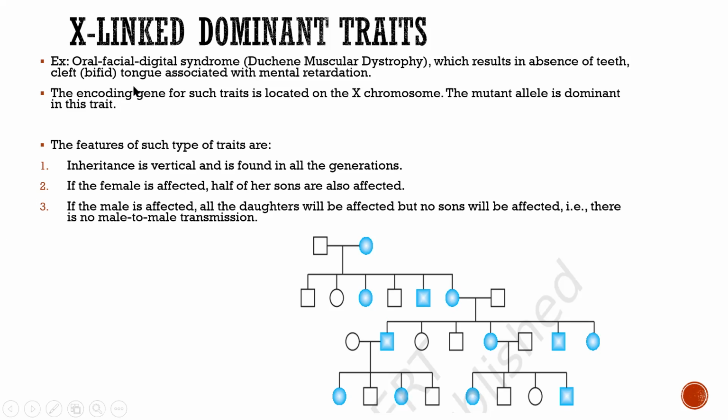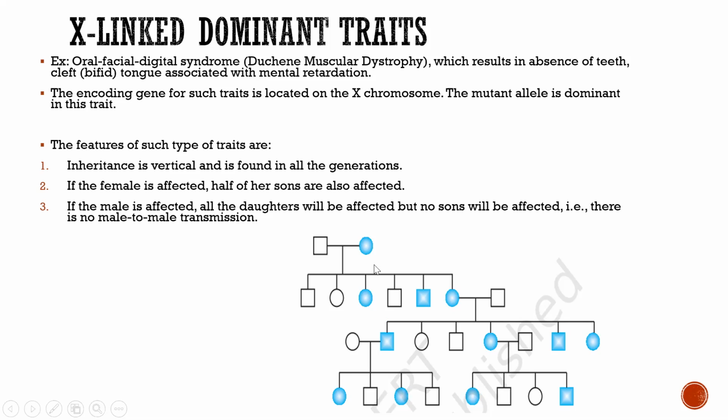So the gene encoding such character is located on the X chromosome, and the mutant allele is dominant. It is a dominant gene. So what are the features? Inheritance is vertical and is found in all generations. So in all generations you will find individuals who are affected.